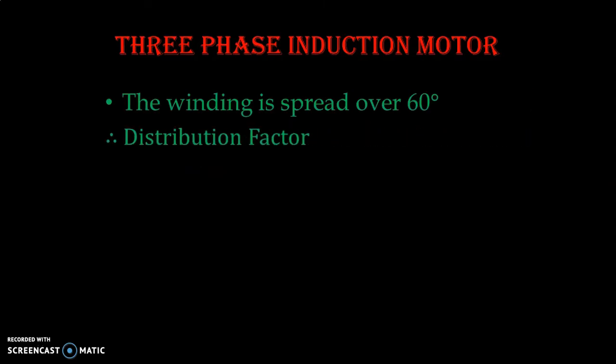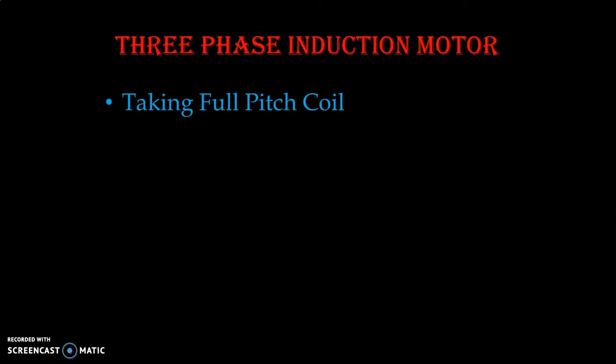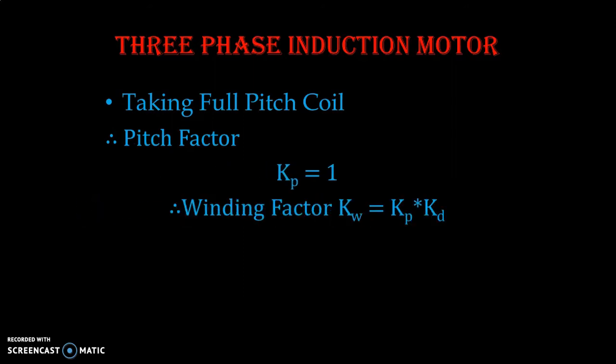For three phase induction motor, the winding is spread over 60 degrees, and therefore distribution factor Kd can be written as sine pi by 6 divided by pi by 6, and then it comes to 3 by pi. Again, we take a full pitch coil and pitch factor can be taken as equal to 1, and therefore winding factor, the product of pitch factor and distribution factor Kp and Kd, Kw is exactly equal to 3 by pi.